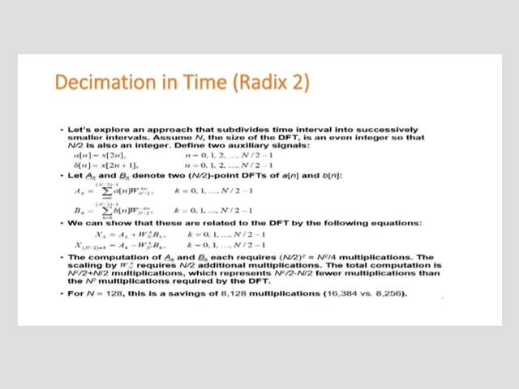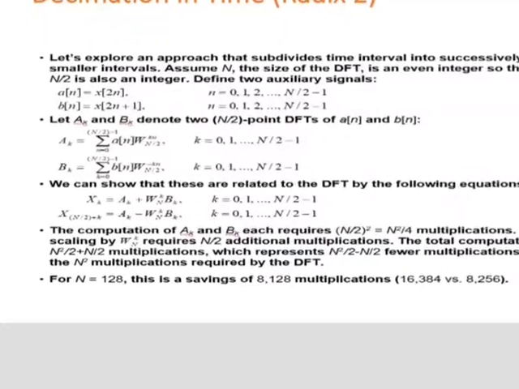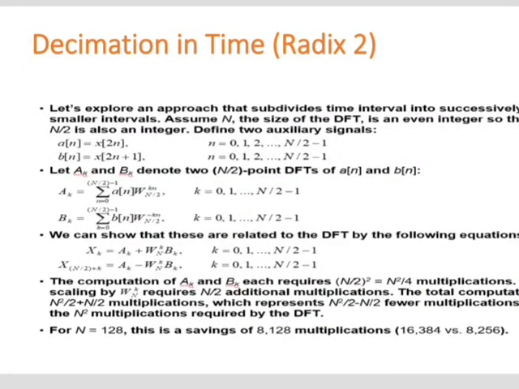So define two auxiliary signals, that is a[n] equals x[2n] and b[n] equals x[2n+1], where n ranges from 0, 1 to N/2 minus 1. Let A[k] and B[k] denote the two N/2-point DFTs of a[n] and b[n]. The equations for A[k] and B[k] can be written as given here.